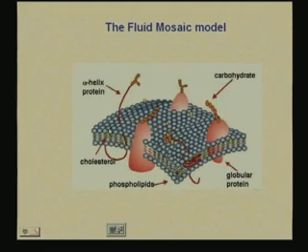We also learned that there is a specific curvature to the cell, because the cell is globular in nature. Okay, so it has to turn around, so to speak. Okay, it has to form a spherical moiety. So if that has to happen, then the composition of the phospholipids on the outer layer and the inner layer is different. The phospholipid composition of what is called the lipid leaflets are different.